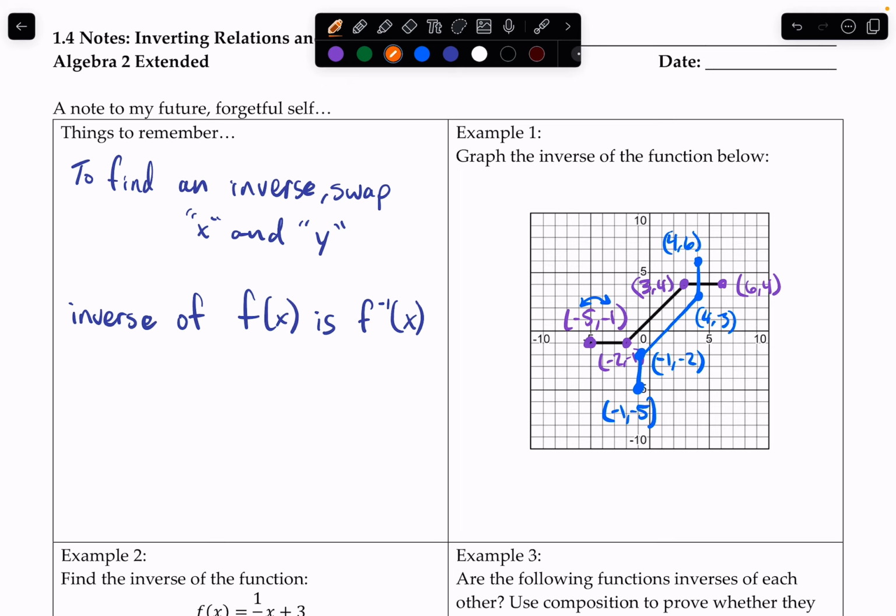And there's a few things that you could note here, one of which being that this inverse is reflected across y equals x, which is that diagonal line there. And then, yeah, again, the x's and y's are just flipped.